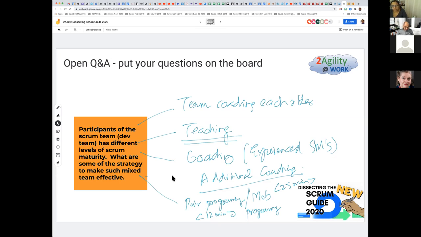Then other things like multi-team events, multi-team training events like community of practices is a big one. You do community of practices, brown bag lunches, things like that, where people talk about success stories.